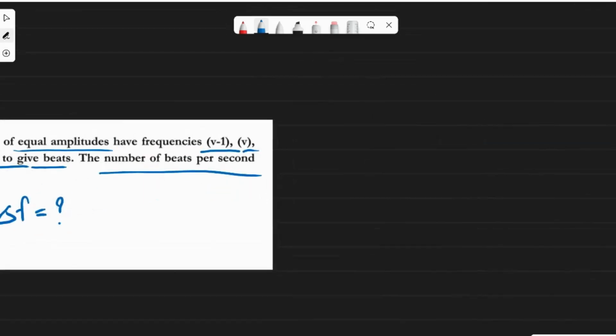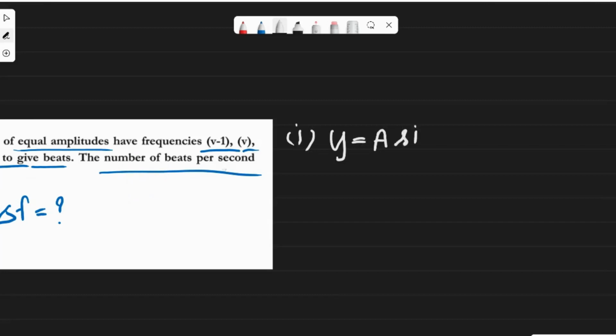So before getting into the question, let us recall a few formulas. The standard wave equation is y is equal to a sine omega t. Second, if y1 and y2 are two sound waves and they superimpose, then the resultant will be y is equal to y1 plus y2.